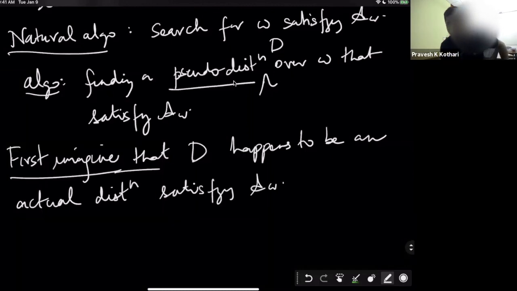Now if D is an actual distribution that is supported on W's that satisfy all the constraints in AW, then our soundness proof implies that each W in the support of the distribution D must in fact be close to a true cluster.